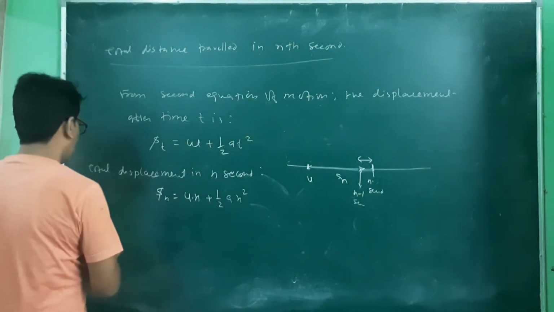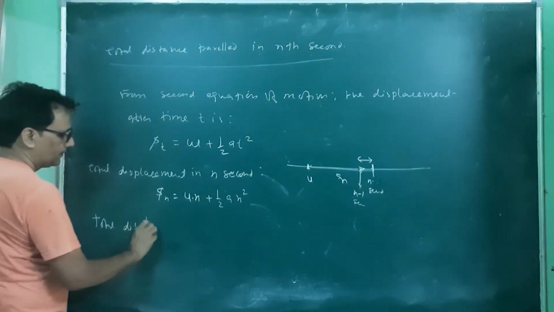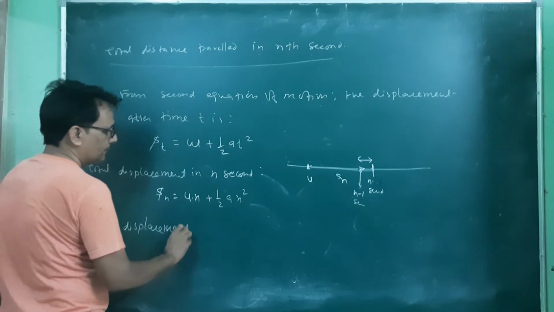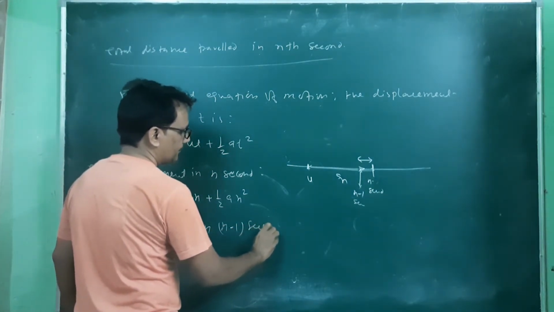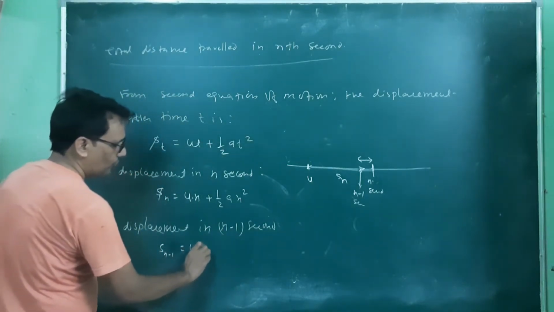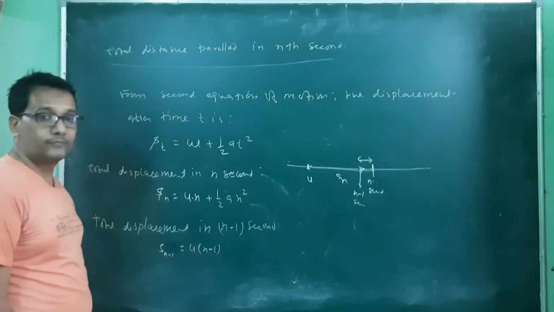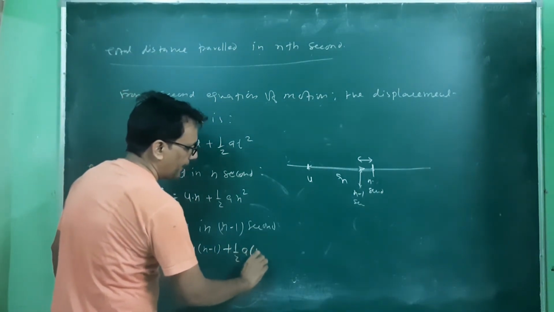So total displacement in n minus 1 second, that is Sn minus 1, is equal to u(n minus 1) plus half a(n minus 1) square.